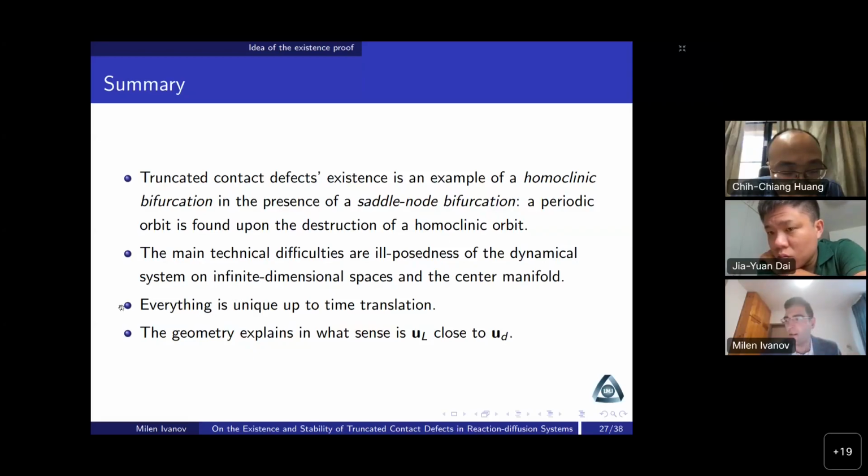As I said, I used the Banach fixed point theorem, so we have uniqueness, up to time translation. And we have this geometry where I have a torus and I perturb it a little and I obtain another torus. It gives a very good explanation in what sense my defects are close to each other.